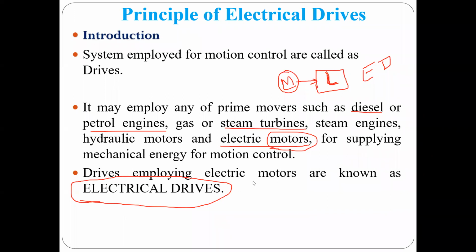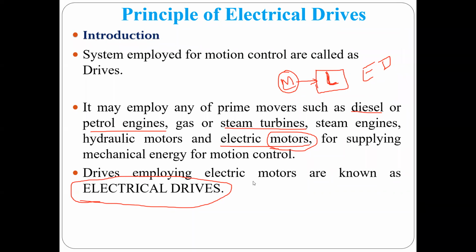Pooja, roll number 8. Yes, sir. Okay, direction is also a main important parameter for driving, no? Yes, sir. Okay, so what can we give as the general definition for the drive?